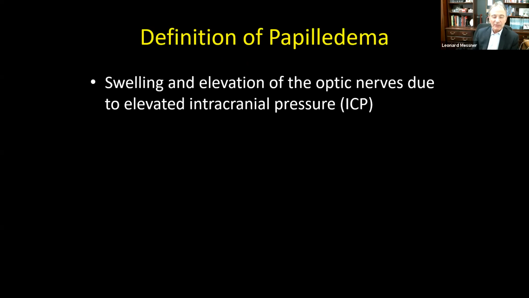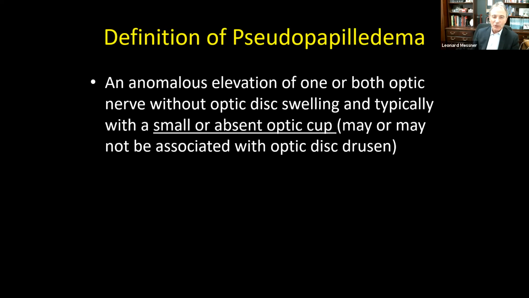So let's begin with a definition, and specifically a definition of papilledema. We can consider a diagnosis of papilledema as being swelling and elevation of the optic nerves, both due to elevated intracranial pressure. So that's pretty standard stuff. If we think about pseudopapilledema, by definition, this is a congenitally anomalous optic nerve.